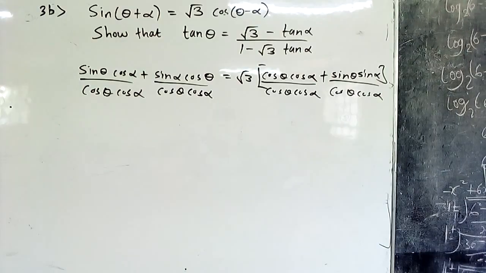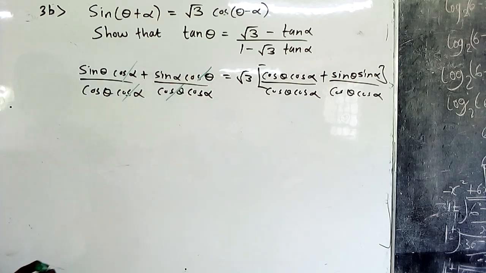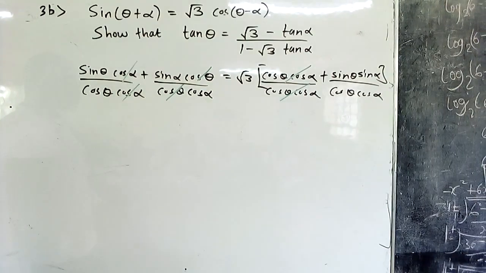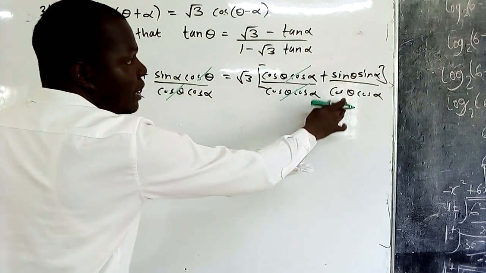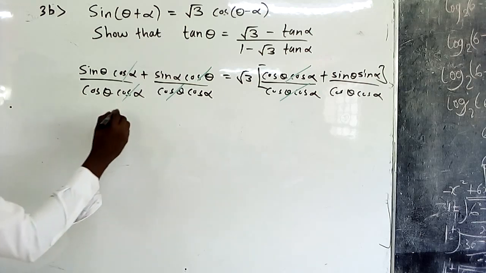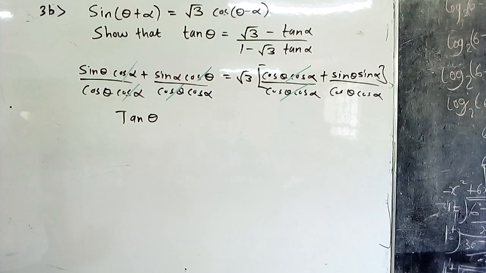If you work that out, you have cos α cancels with cos α, isn't it? Then here, cos θ cancels with cos θ, isn't it? Then here we have cos θ cos α goes with cos θ cos α. So let us now start simplifying. Sin θ over cos θ is tan θ, isn't it?